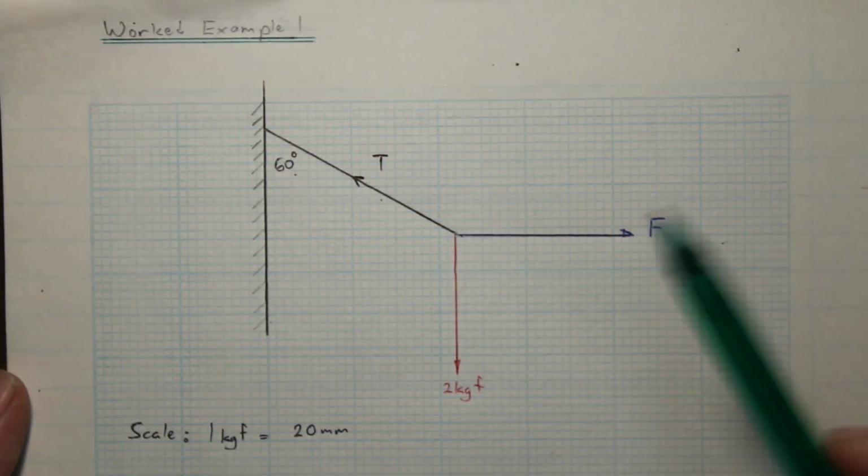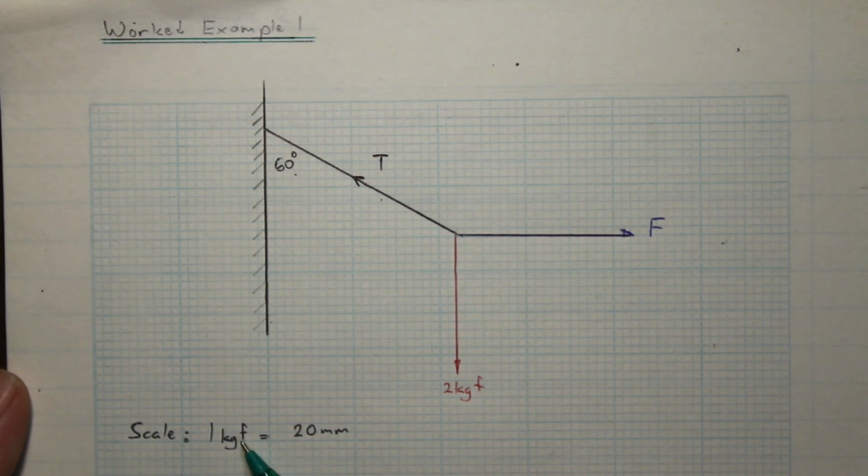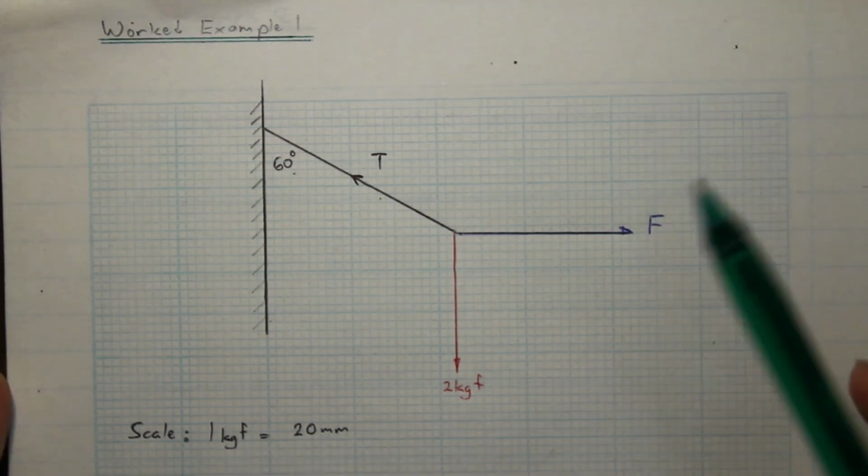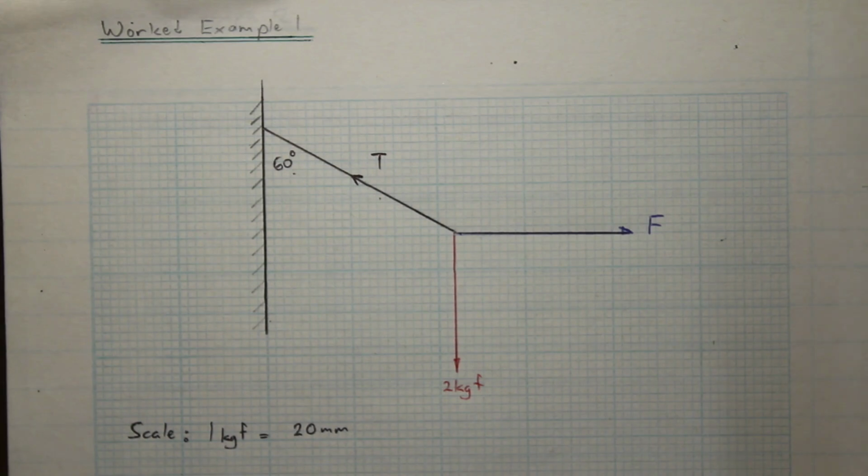And the scale I've chosen is 1 kilogram of force equals 20 millimeters. All right, you could take 1 kilogram of force equals 10 millimeters, but then the triangle you're going to draw is going to be very small. So you have to try and figure that out yourself, and that takes practice, because you're going to have to be able to estimate by looking at your piece of paper how big you want to draw this thing.